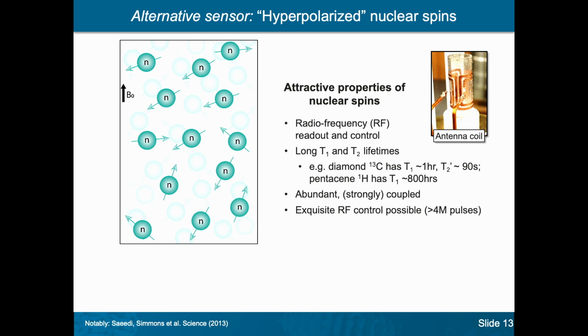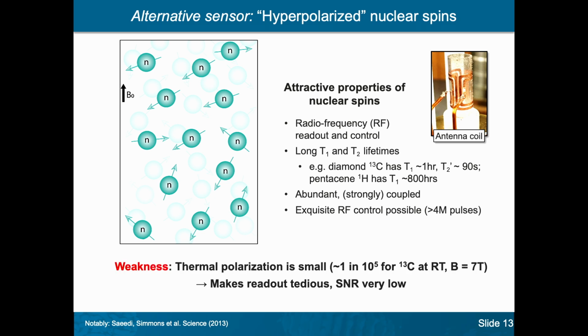So we apply more than 4 to 10 million pulses. And this is not the subject of my talk today, but I want to tell you that using the NV center's 3-level system properties, it's possible to actually polarize or initialize these nuclear spins. Usually these nuclear spins, while they have amazing properties, like the T1 of carbon in diamond is 1 hour, T1 of proton in pentacene, another very important molecule which I'll describe, is 800 hours.